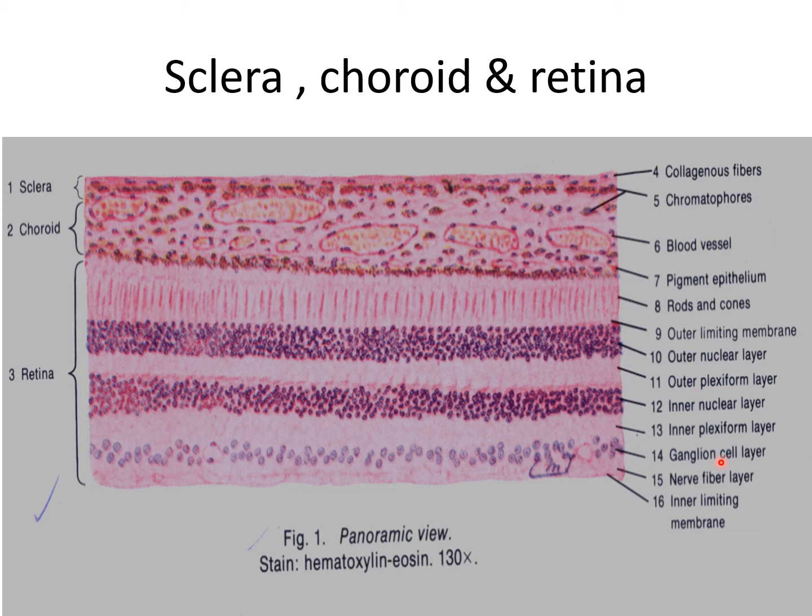Now below the inner plexiform layer comes the ganglionic cell layer. The ganglionic cell layer contains the cell bodies of the ganglion cells. The dendrites of these cells enter the internal plexiform layer to synapse with the processes of the bipolar cells and of the amacrine cells. Each ganglion cell gives off an axon that forms a fiber of the optic nerve.